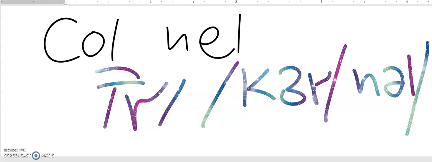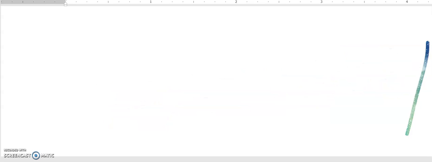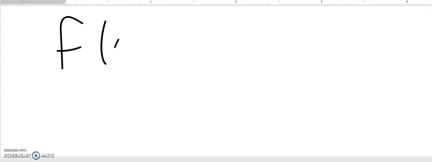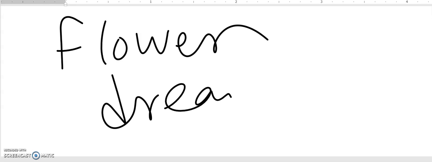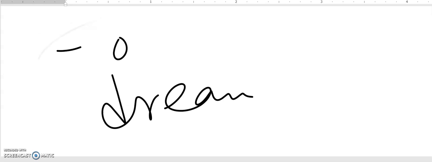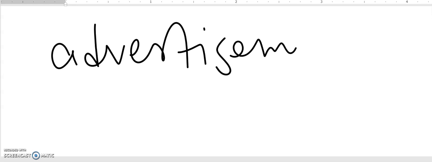You can consider other words. Some of them are simple, some of them are complex. You can consider, for instance, the word flower, dream, or words like advertisement. So how many syllables do we have here?